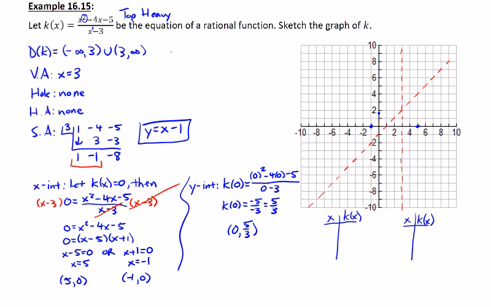Starting with the left side, I'm going to select positive 2 as an x value, and I'm also going to select negative 5 to get an idea of where these points are located. Positive 2 is going to be 9, negative 5 is going to map to negative 5.